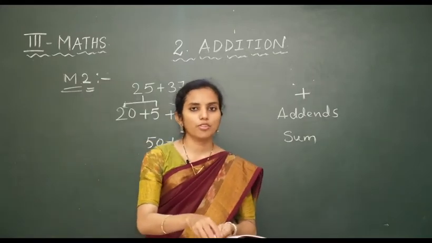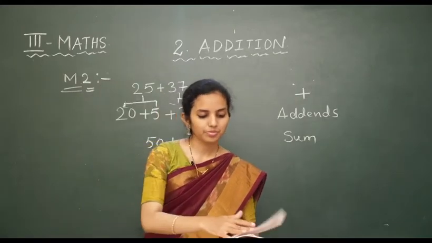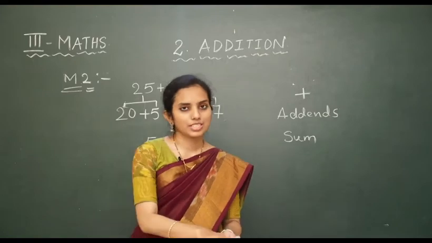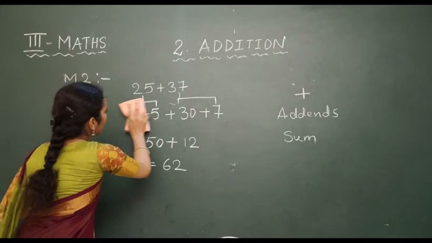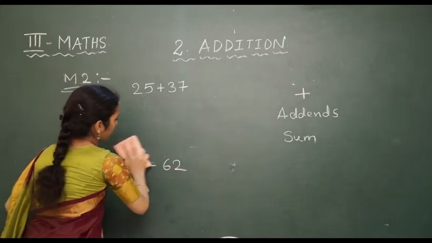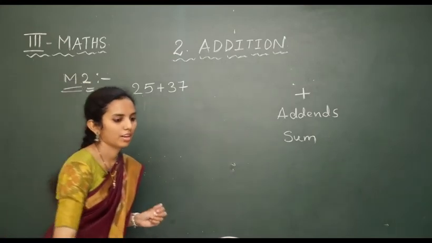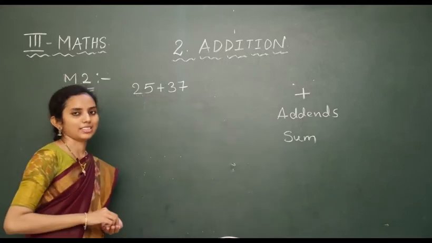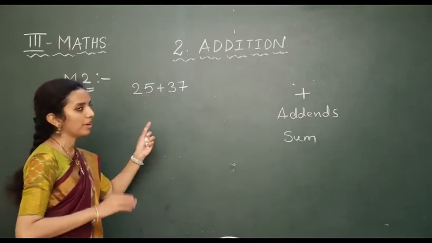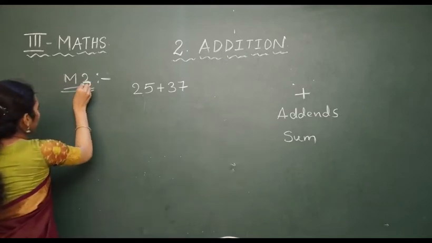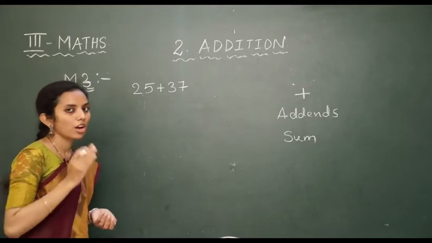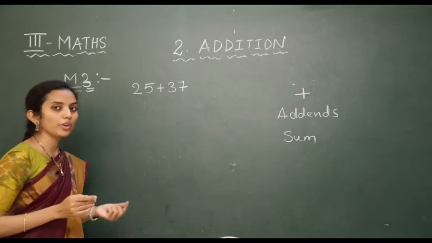And the third method of addition is, again we shall take the same example, counting in tens, that is writing the number completely in tens. Third method of addition is counting in tens. So how do we write this?